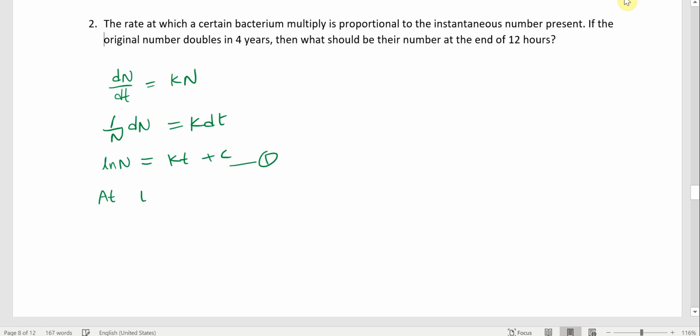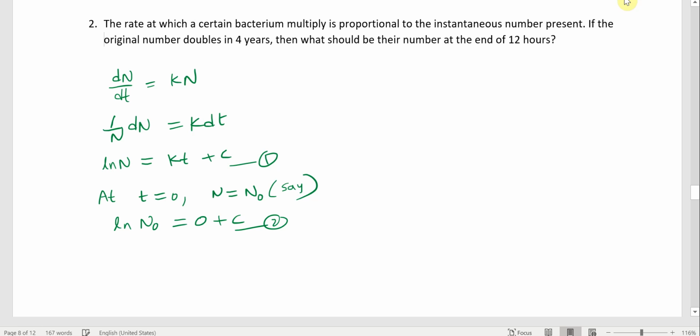Next step, always at time t equals 0, n how much. By studying the problem, if the original number doubles in 4 years, the original number will become double in 4 years, but now how much is not given at the time t0, the beginning. Say n naught. By writing time t equals 0 and n equal to n naught in this equation, we will get ln n naught equals k times 0, 0, plus c.